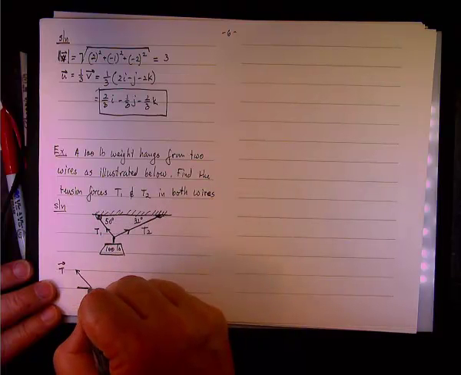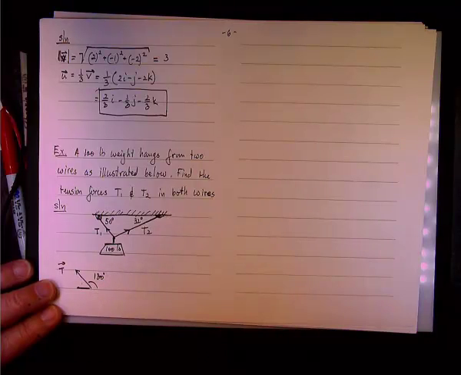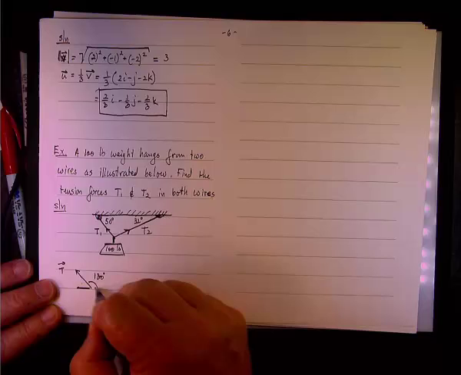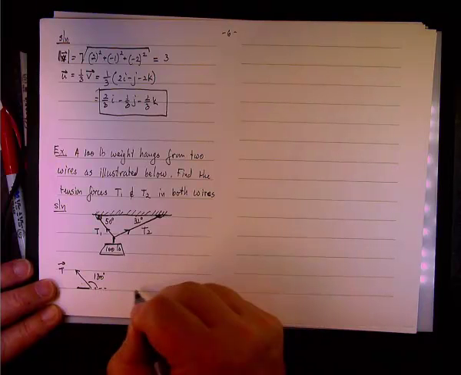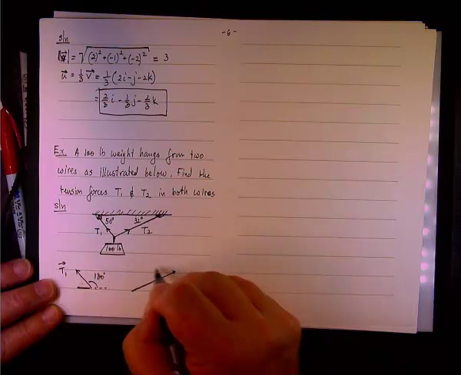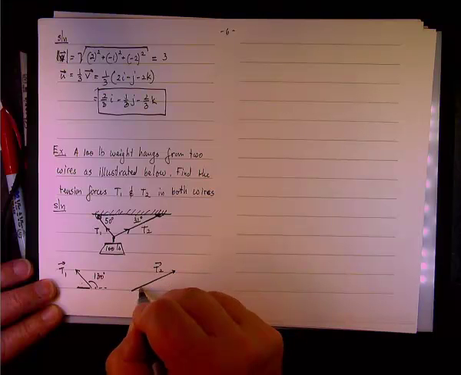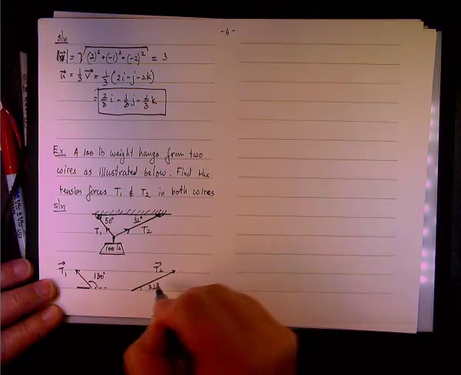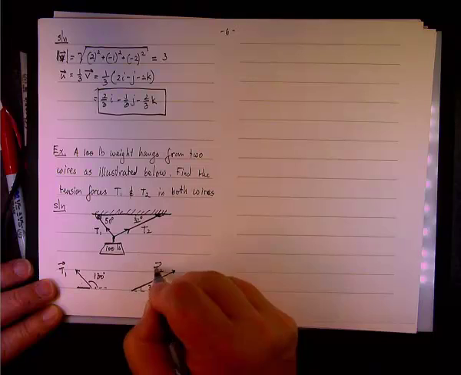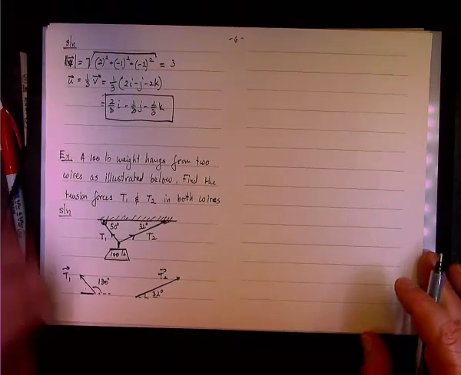And the angle here, if this is 50 degrees, the alternate interior is 50, and this angle will be 130 degrees, right? If I'm going with the standard angle. The other vector, T2, has 32 degrees, again, alternate interior angle.